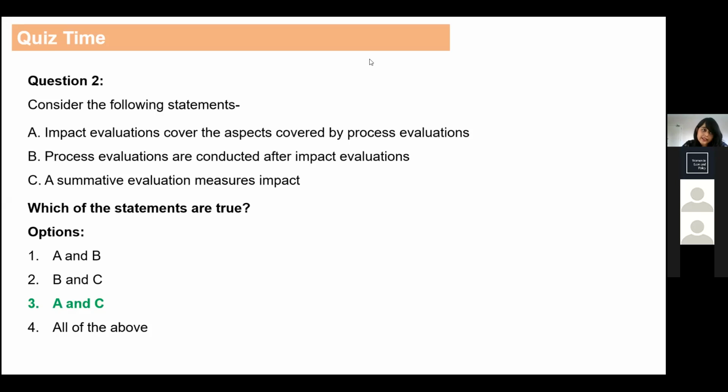And A is again correct, because impact evaluations cover all 4 aspects of a theory of change, whereas process or formative evaluations cover only 3 aspects. So in some sense, what a process evaluation covers is a subset of what an impact evaluation covers. So absolutely well done to all of you for getting the answer right once again. And let's move on to the next section.